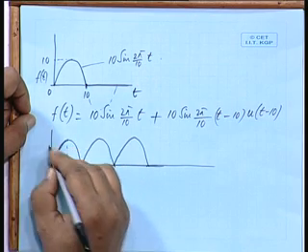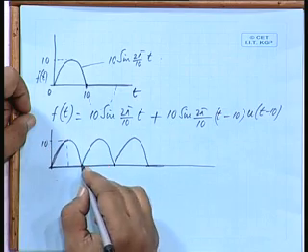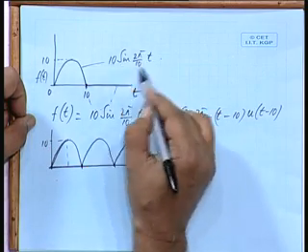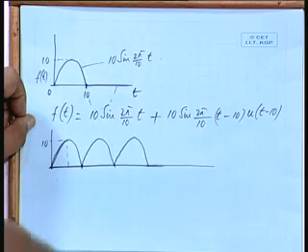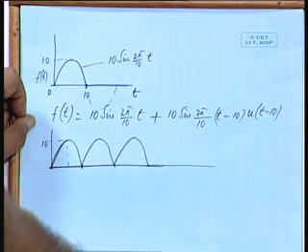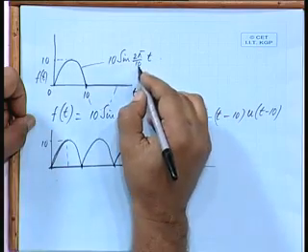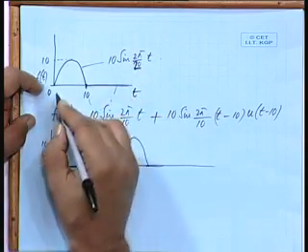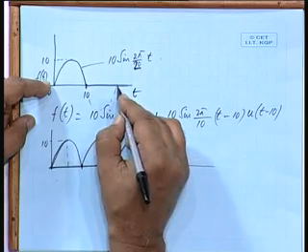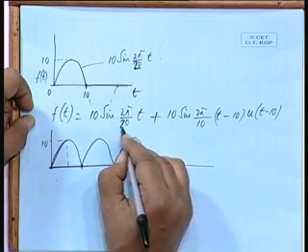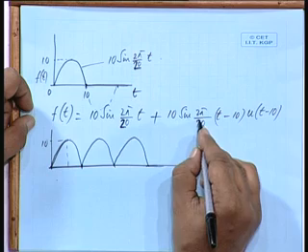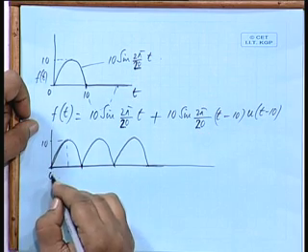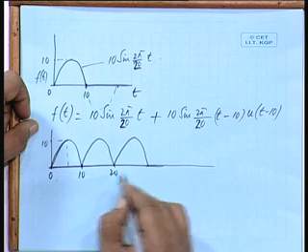The same magnitude, say 10, and 10 by 2 pi by 20. Basically, this is not the period, this is the period 20. So, 2 pi by 20, 2 pi by 20. Now, suppose this is 10, 20, 30.